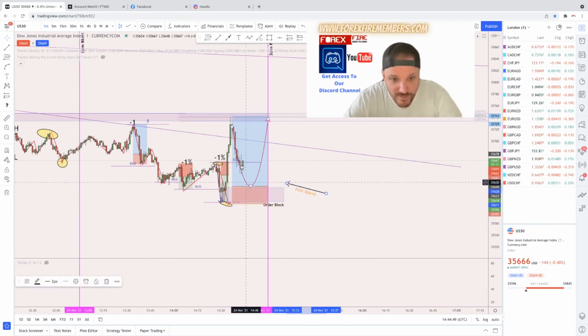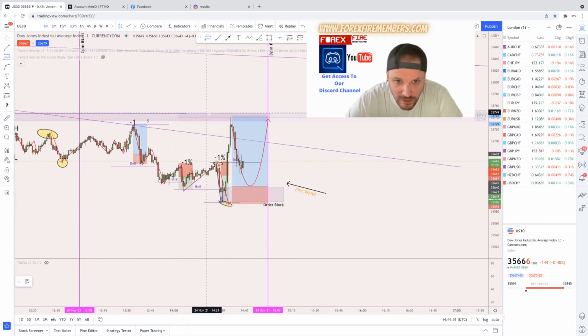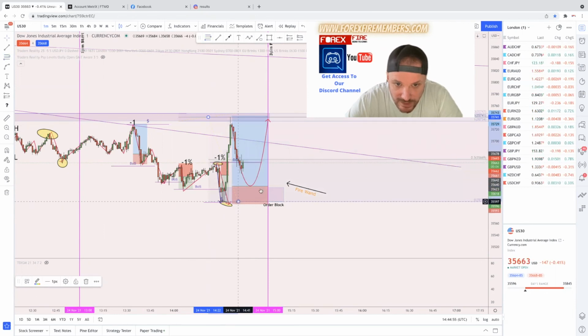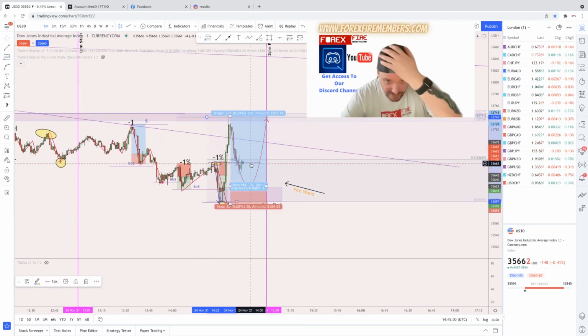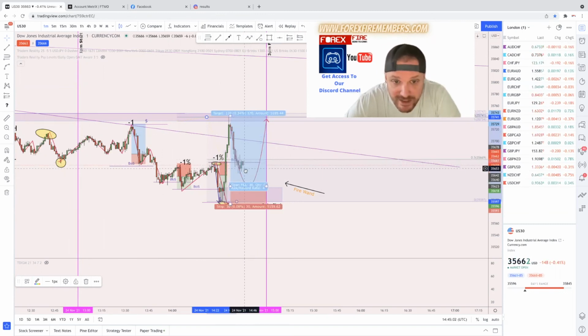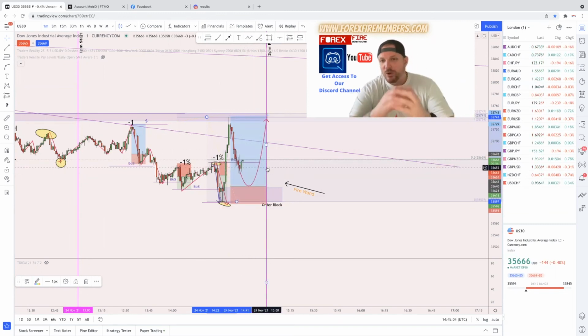And we just need to be mindful of, let's take a look at the high to the low. 50%, in fact, it just went below the 50% of the retracement area. It's what we call, you get a premium price, you get a discount price, and then you get the bargain price.